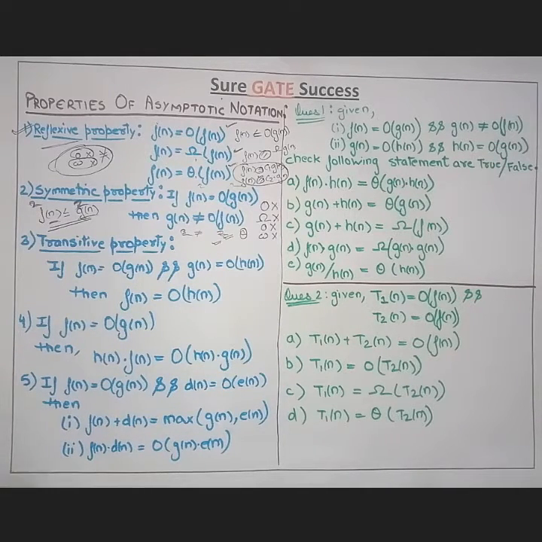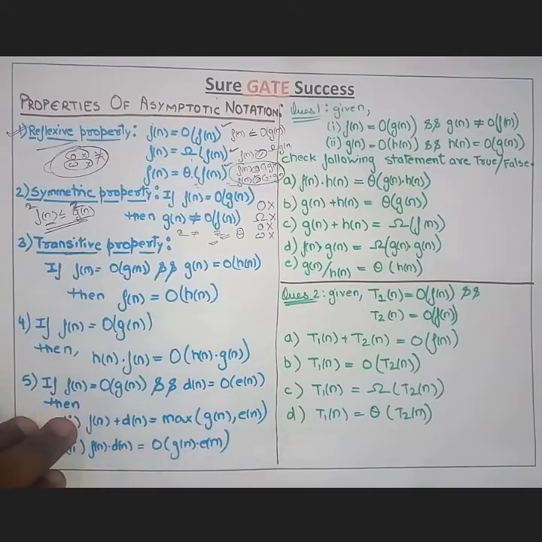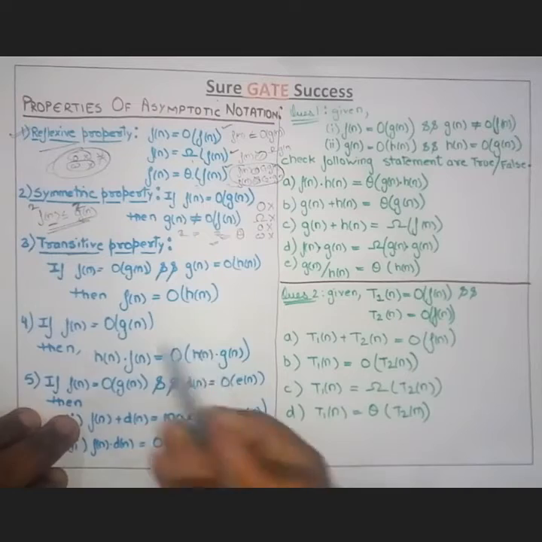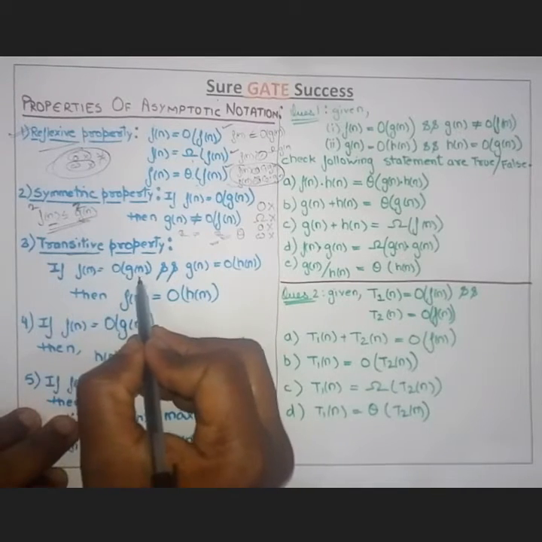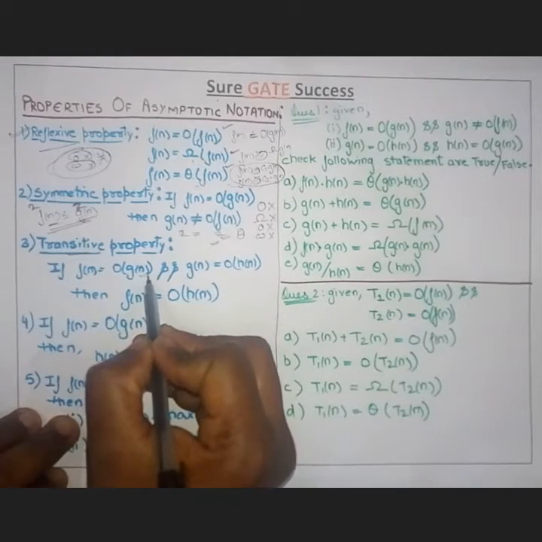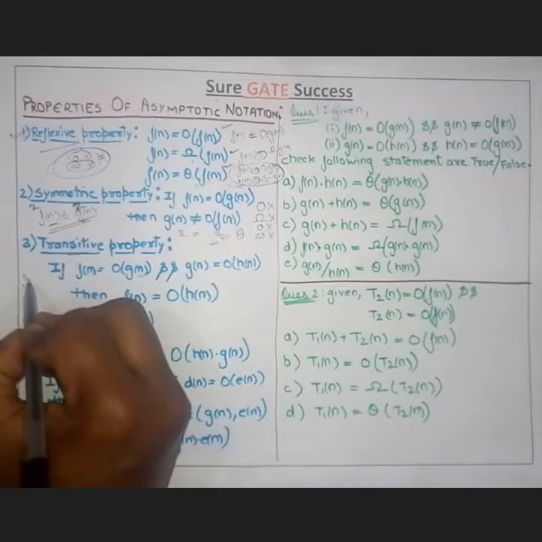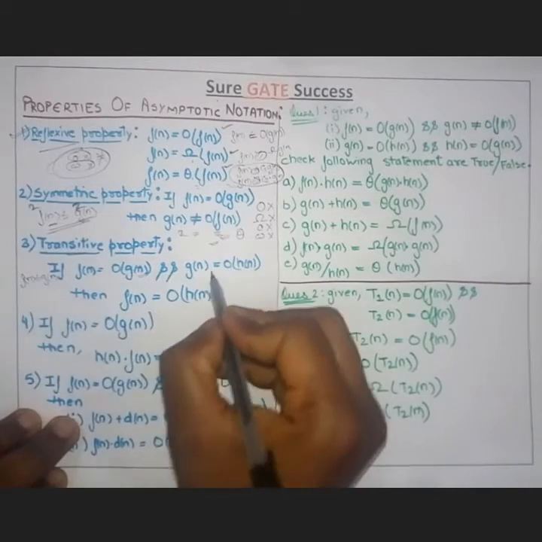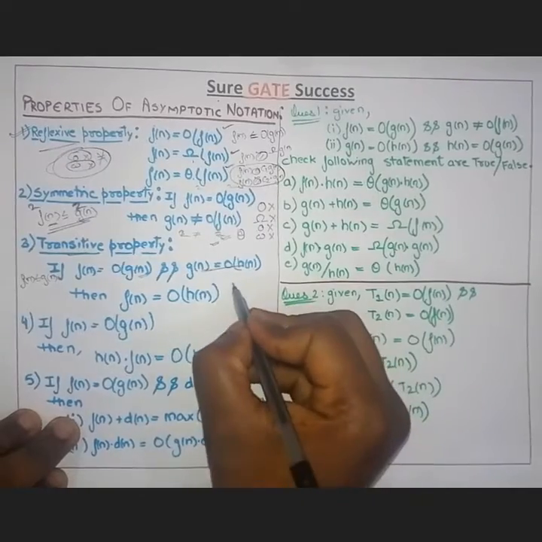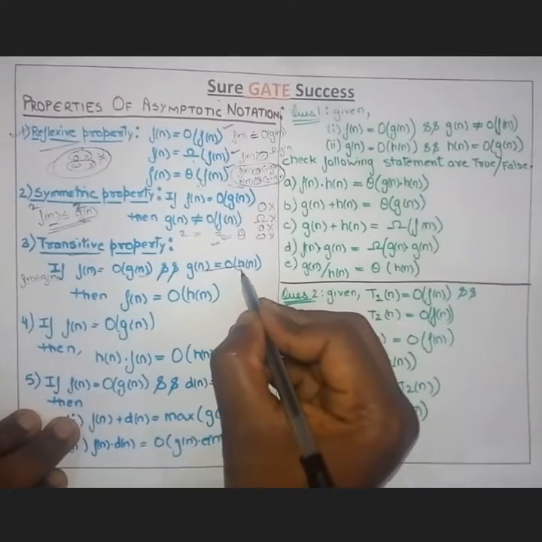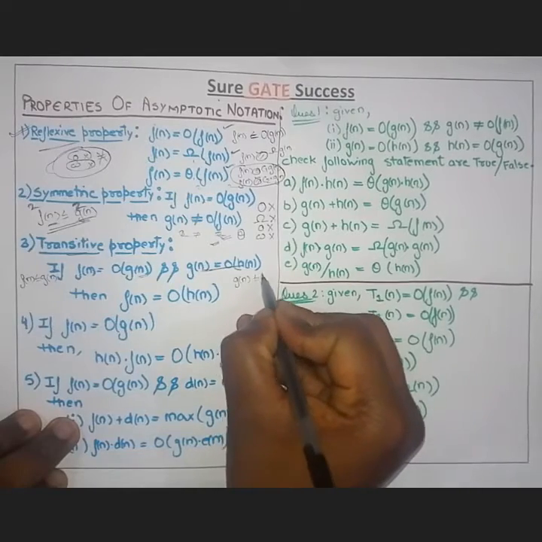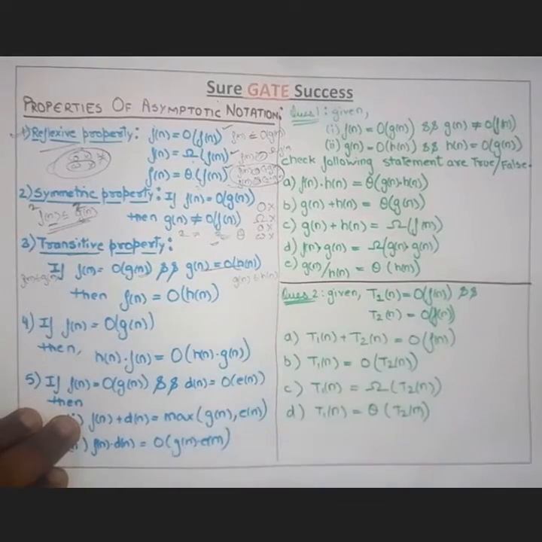Now the third one is the transitive property. In the transitive property, if f of n is big O of g of n, that means f of n is less than or equal to g of n. And what is the other condition? That g of n is big O of h of n, that is g of n is less than or equal to h of n.